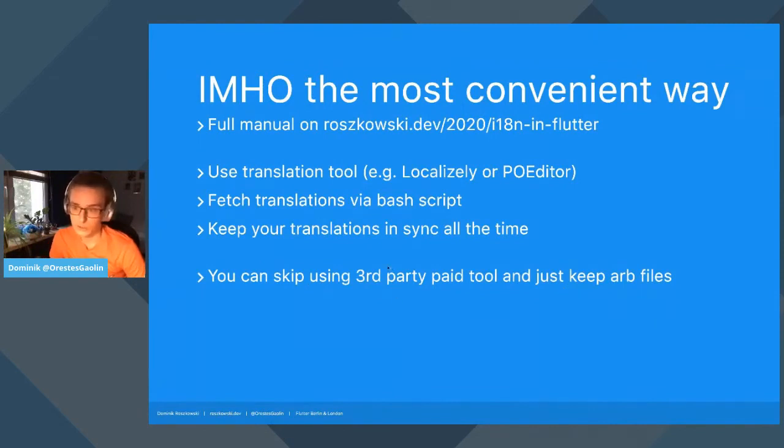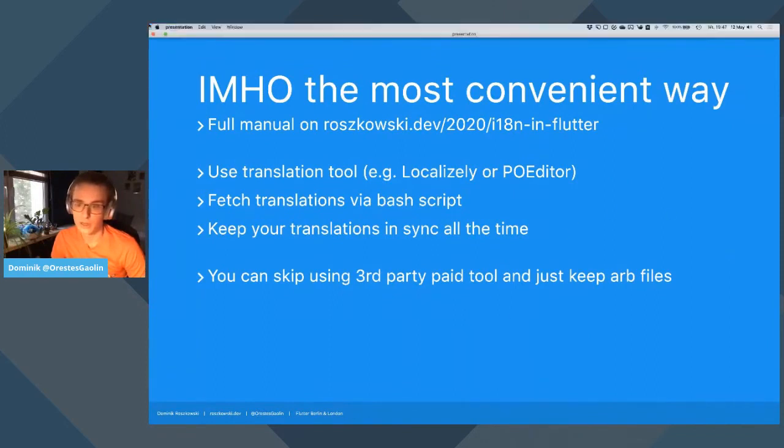If you don't want to use a localization platform, which is paid, you can create your own custom bash script that will fetch this from the API. Most of the translation tools like PoEditor or Localizely or whatever, they provide some API to fetch the translation files. You can also fetch the translation files from Google Spreadsheet.